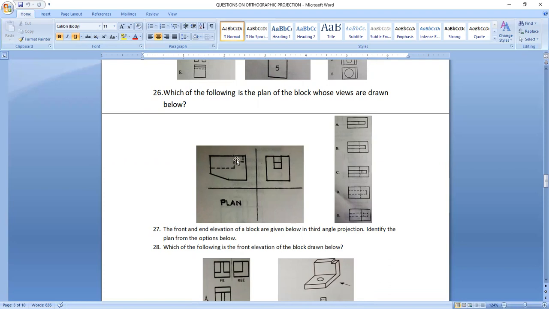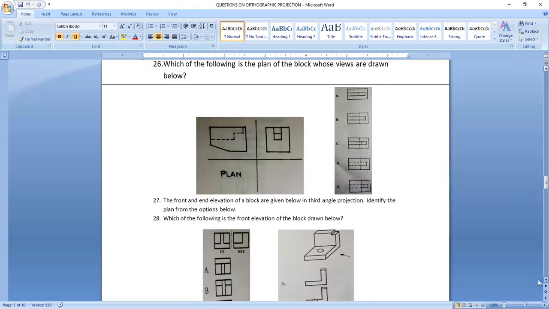Then at this point we are going to see a thick line, and a line like a rectangle as we have here in the middle. So the plan is option C.